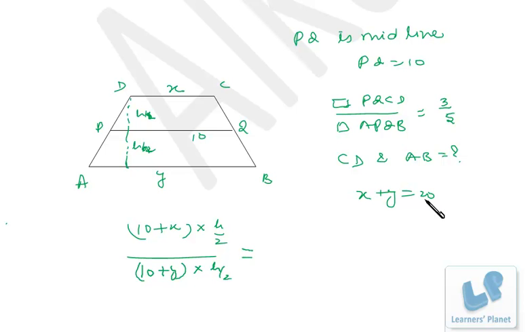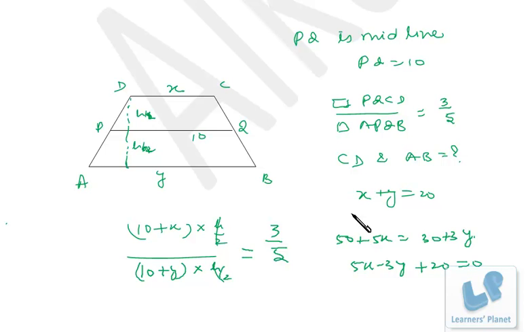And that's in the ratio 3:5. Now we get 50 plus 5x is equal to 30 plus 3y. So 5x minus 3y plus 20 is equal to 0.